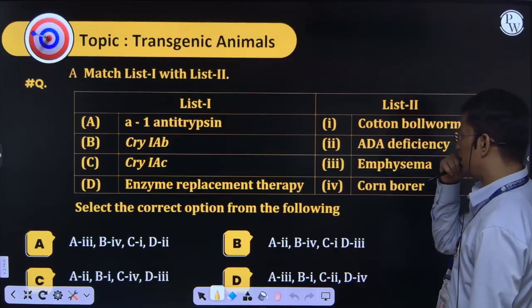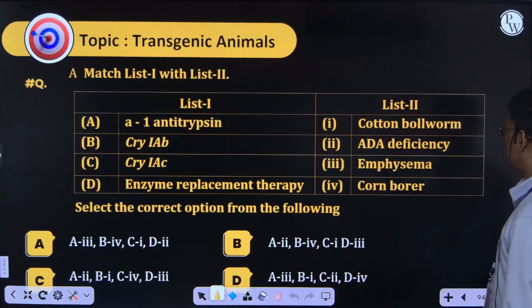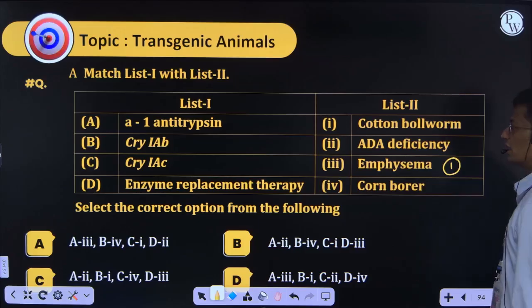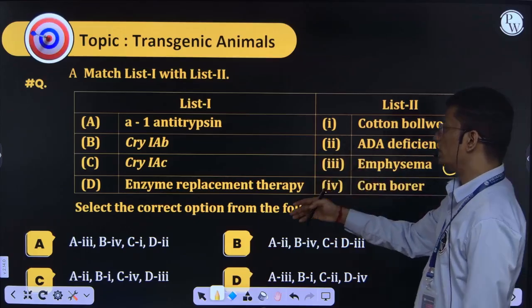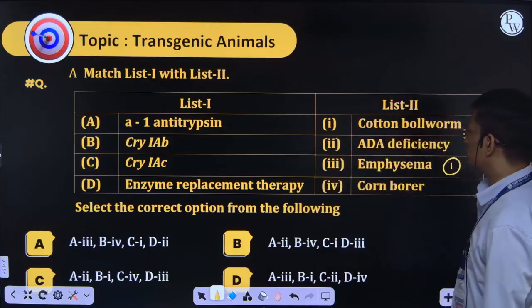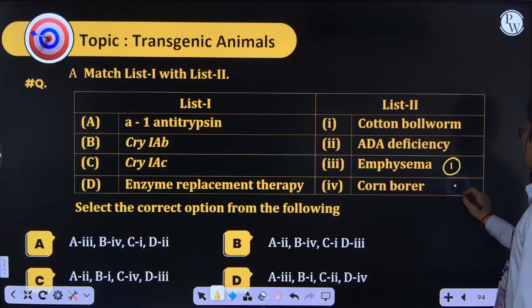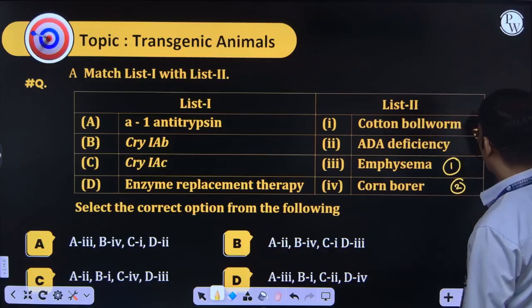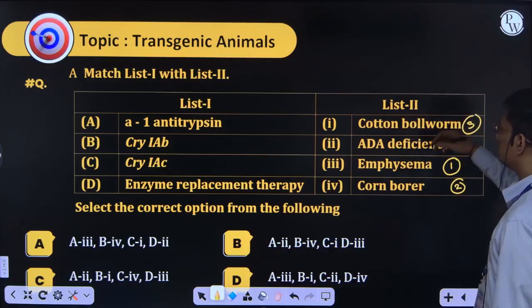Alpha 1 antitrypsin is used for treating emphysema. Direct question: Cry1Ab, Cry2Ab, Cry1Ac. Cry1Ab is particularly for corn borer. Cry1Ac is for cotton bollworm.